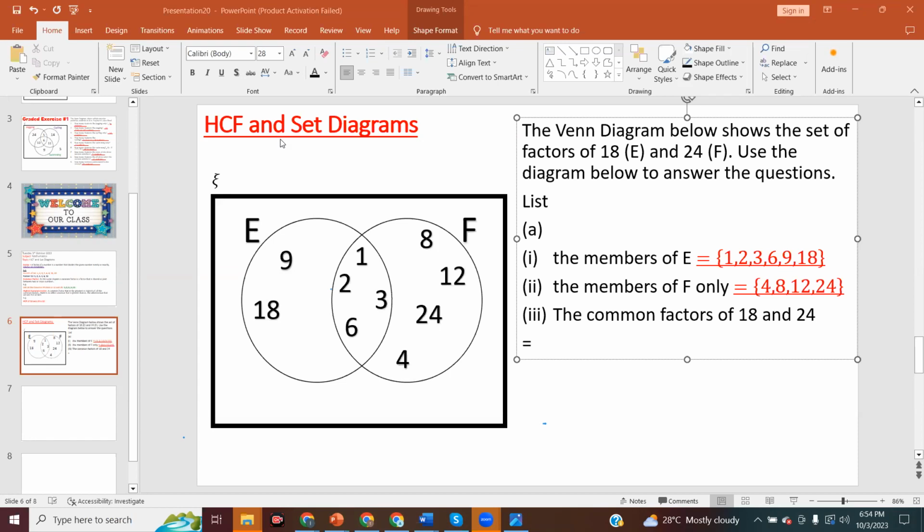All right, so they say common factors of 18 and 24.